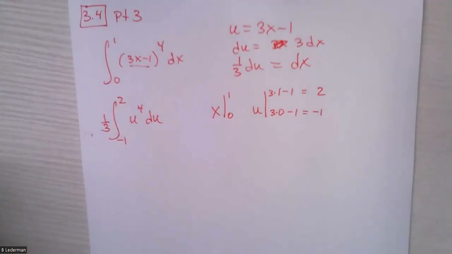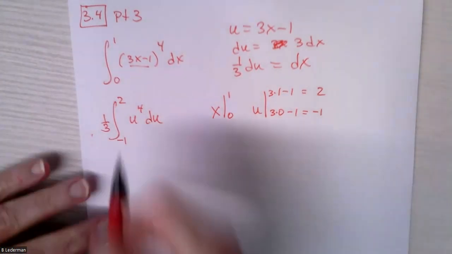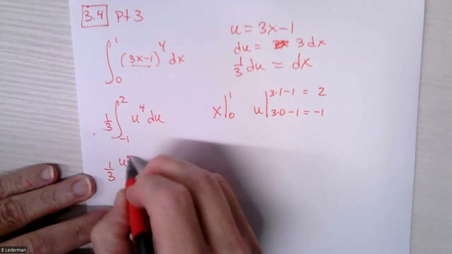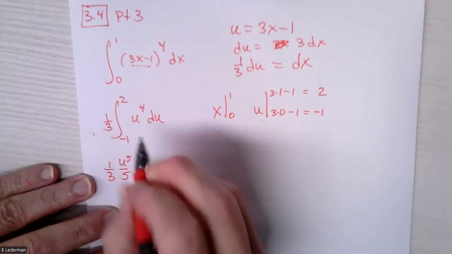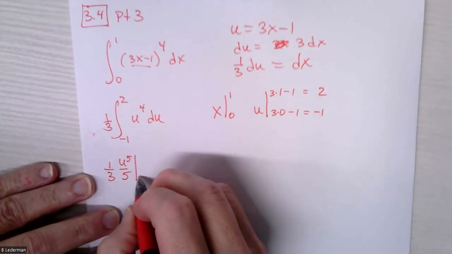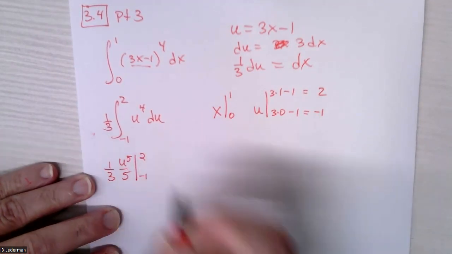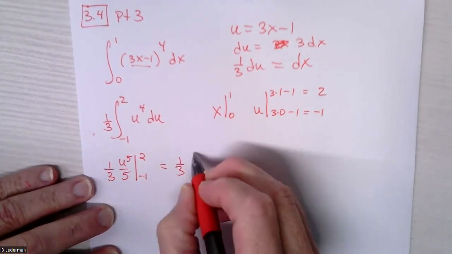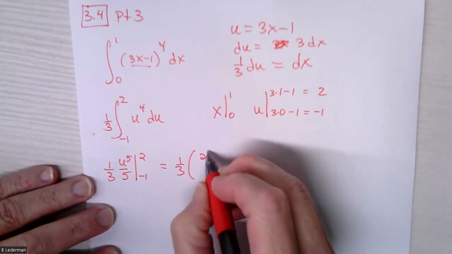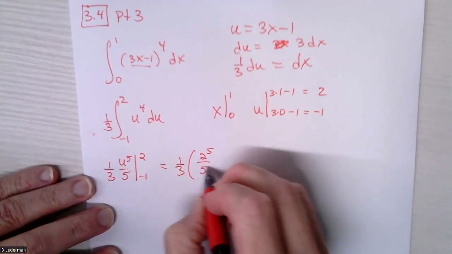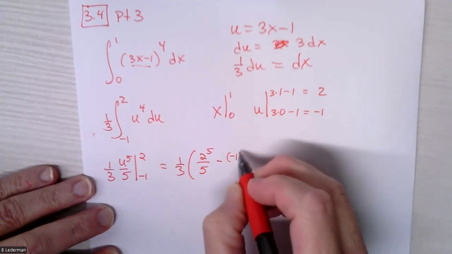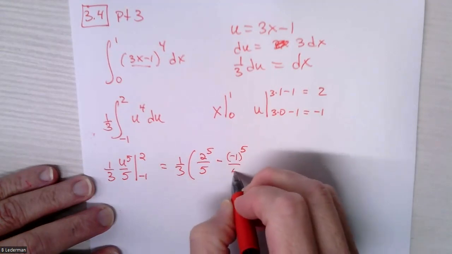This is 1/3 u to the 5th over 5, because that is the antiderivative, evaluated between -1 and 2. This is 1/3 times 2 to the 5th over 5 minus -1 to the 5th over 5.